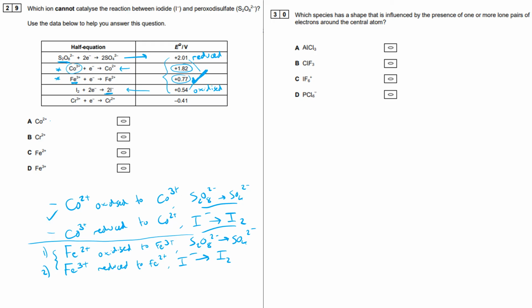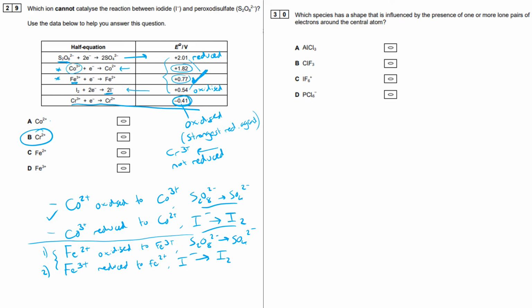The one that wouldn't work is the one at the bottom, the chromium. The reason that one wouldn't work is because yes, it's very negative, yes, it's very likely to be oxidized, or it's the strongest reducing agent in the table, but once you form Cr3+, it's not going to be reduced back because the value is too negative.